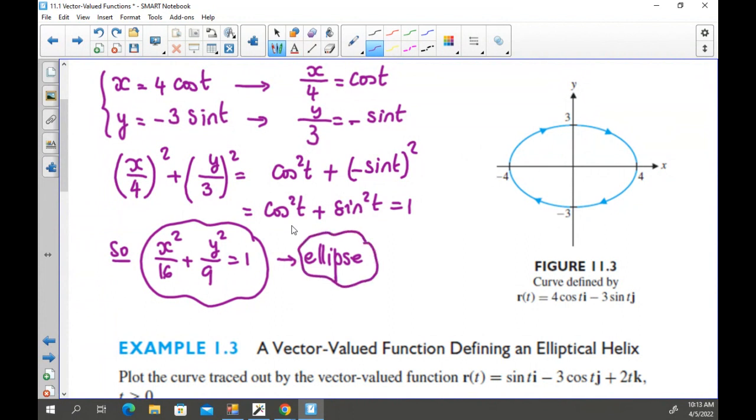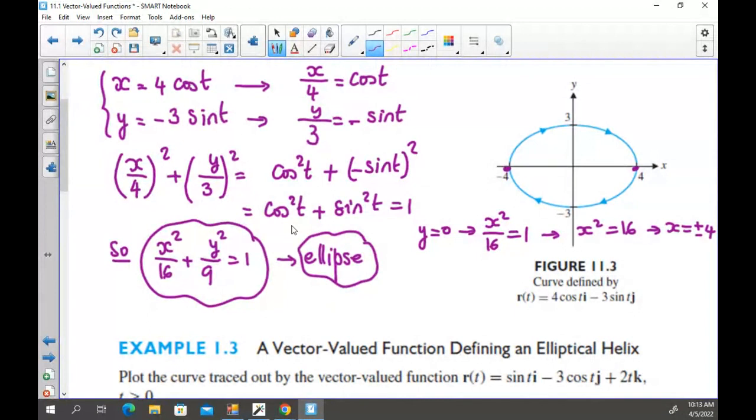They are an ellipse, and if you put y equals 0, you will get x equal 4 and minus 4. If you put y equal to 0 in this equation, you will get x squared over 16 equal to 1, which means x squared is 16, so x is plus or minus 4. That means this ellipse cuts the x-axis at 4 and minus 4.